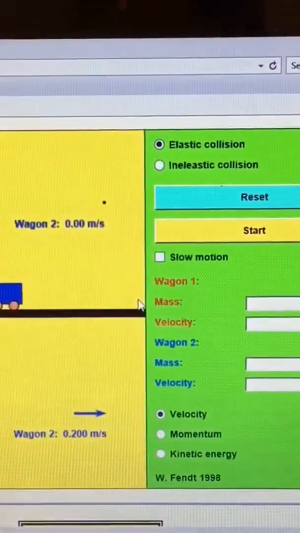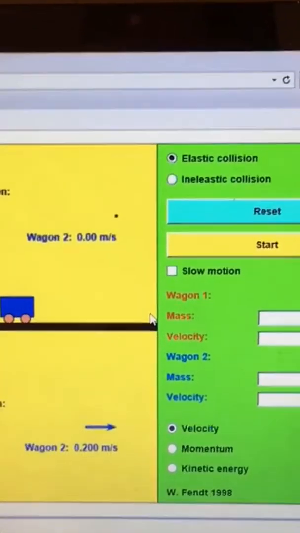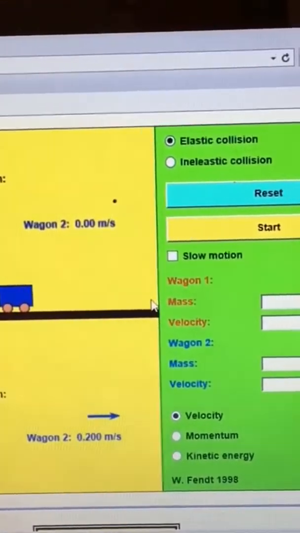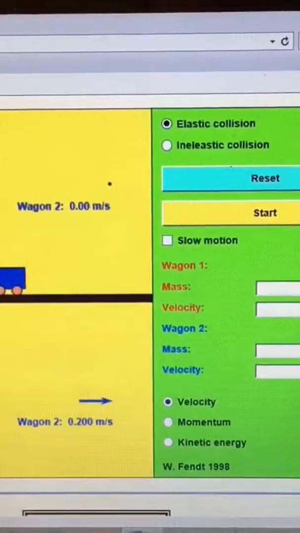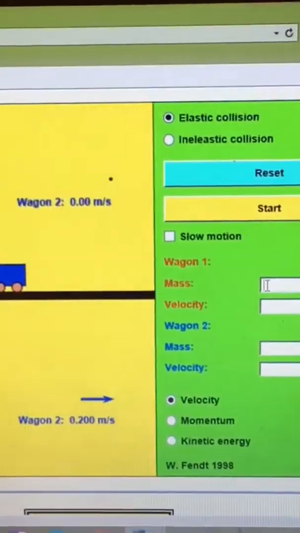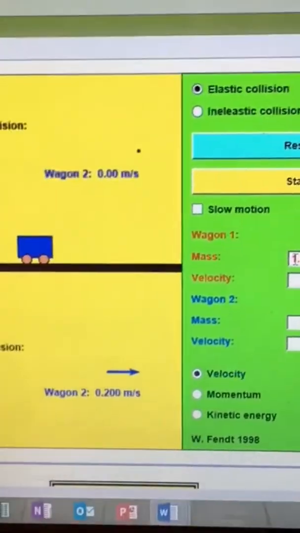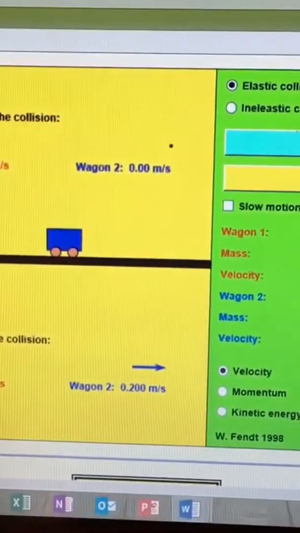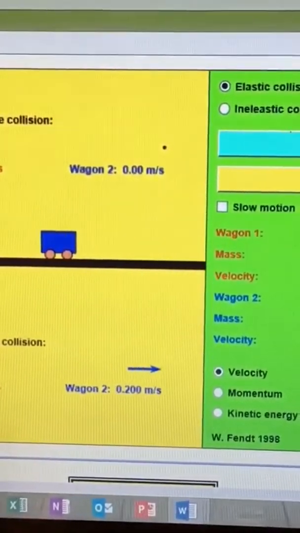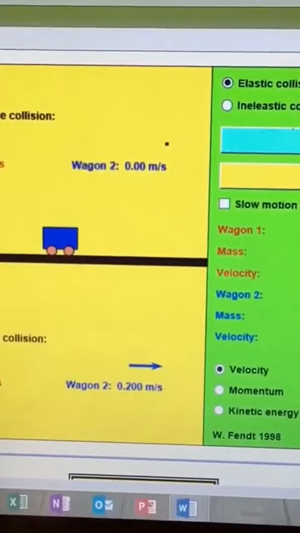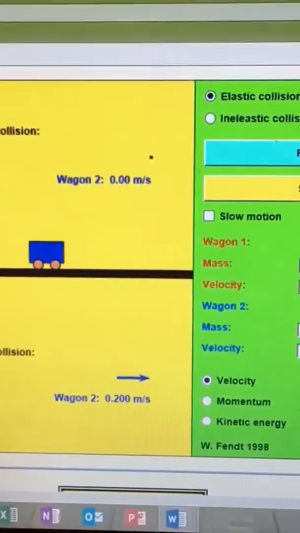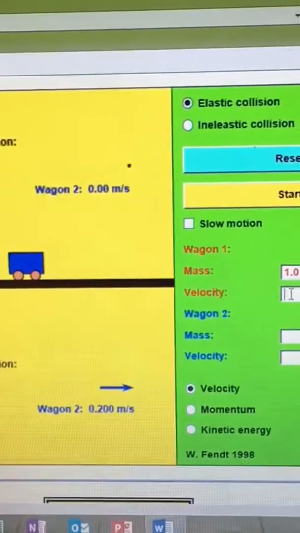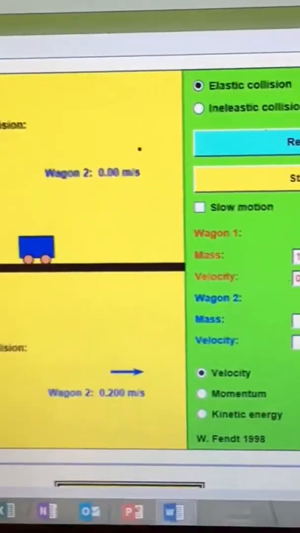When we reset our system, we will set the mass of the red cart to 1.0 kilograms, and its initial velocity before the collision will be 0.1 meters per second.